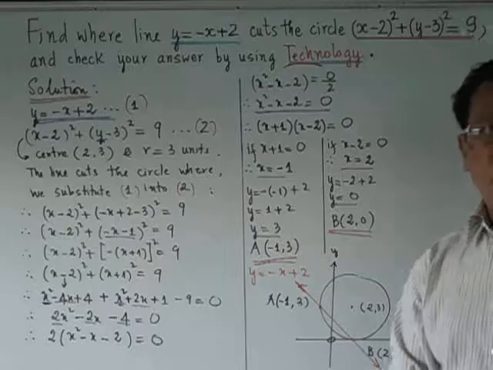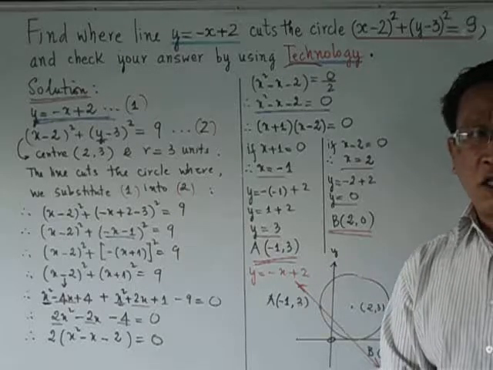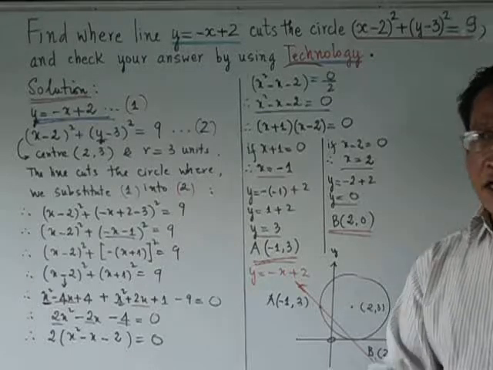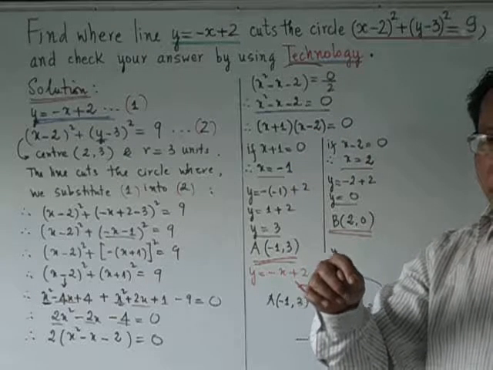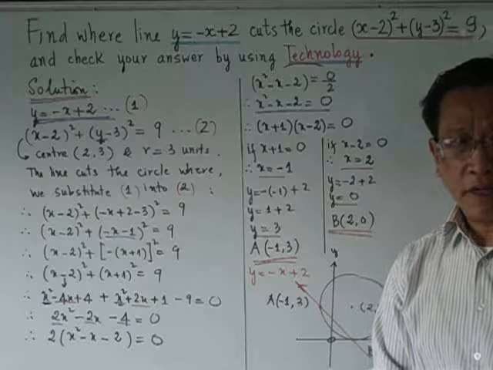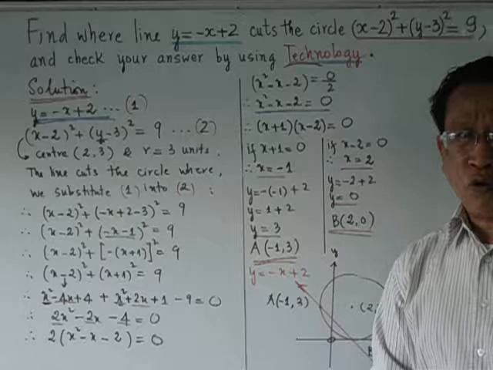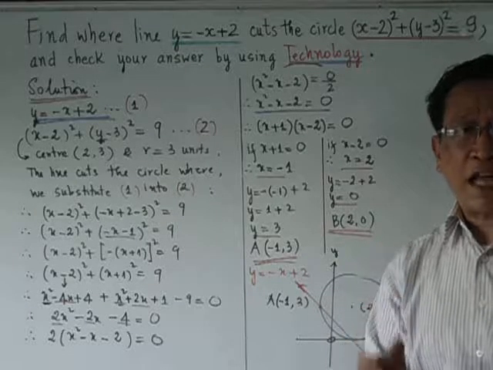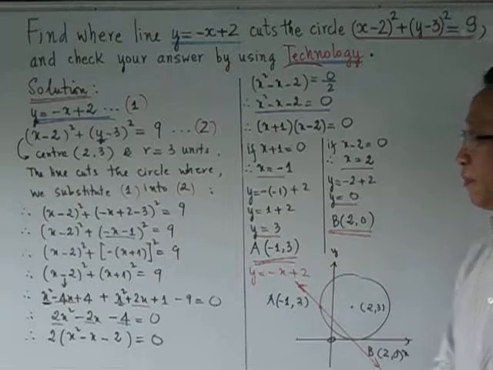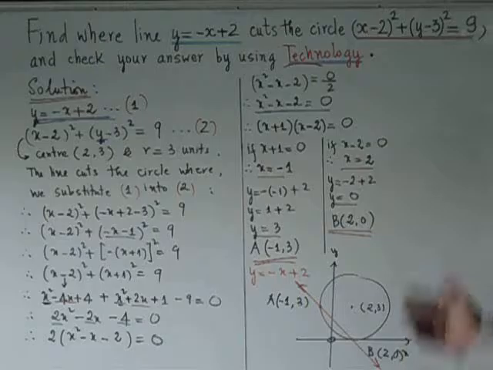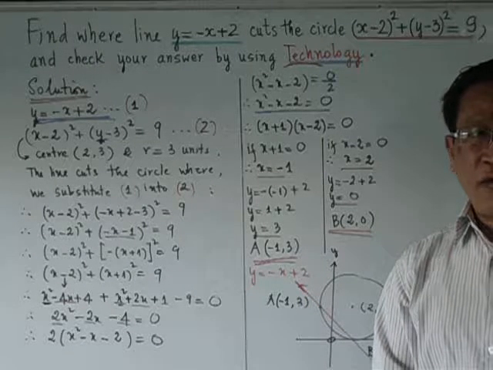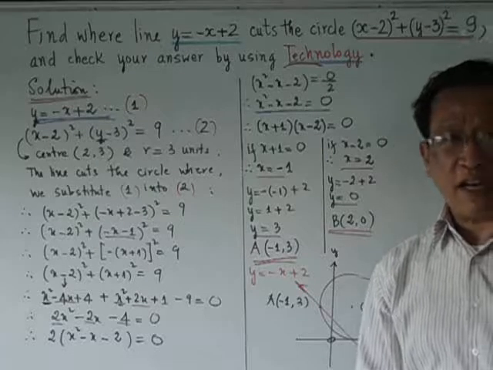I repeat one more time: before you draw the circle, you have to press zoom, select 5, ZSquare. If you don't do it, your circle looks like an ellipse. So this is the case. Thank you very much, and you have a good day.